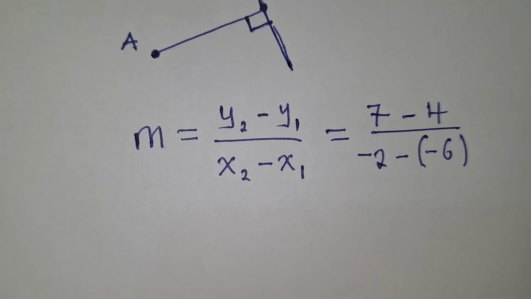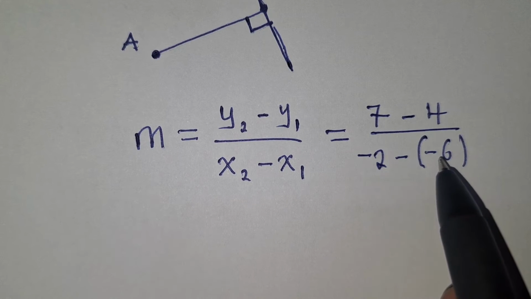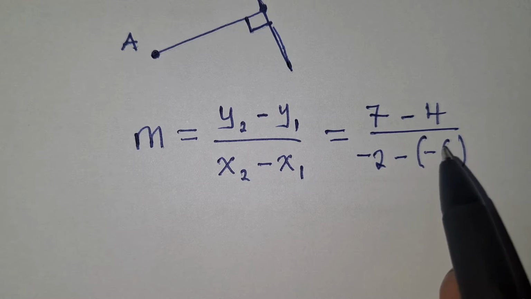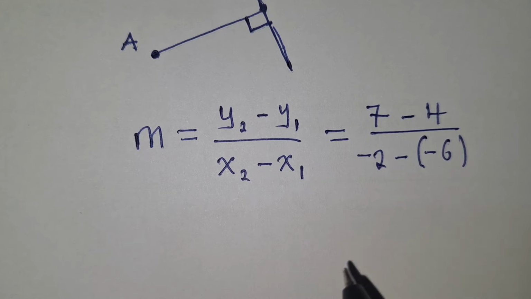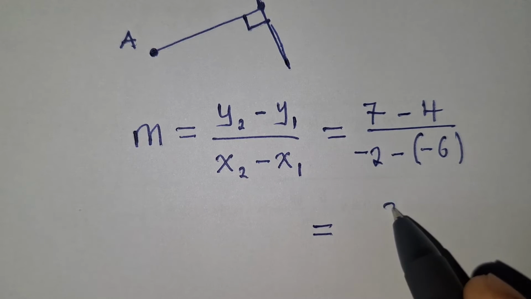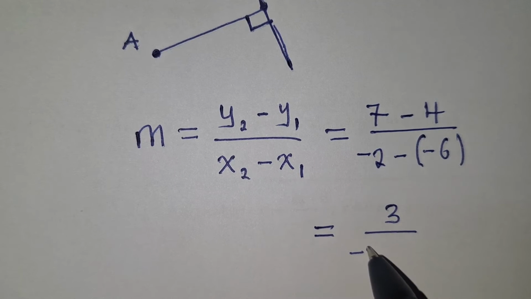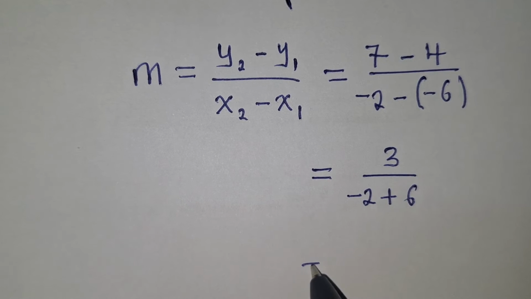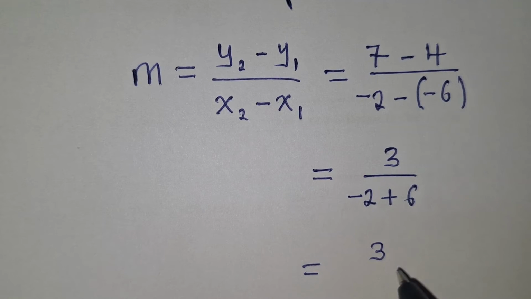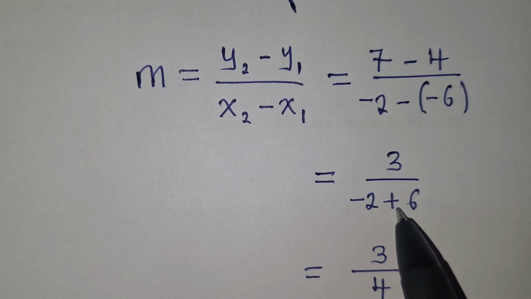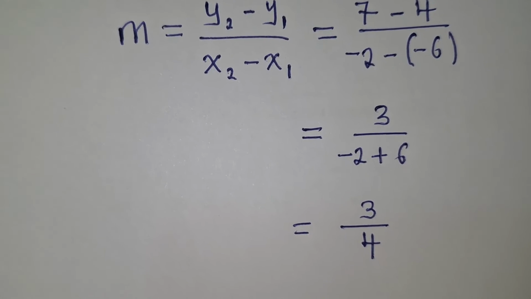So remember, when finding gradient and you meet negative numbers after the minus sign, they must always be inside the brackets. So this will give us 3 over -2 plus 6, which is equal to 3 over 4. -2 plus 6 gives us 4.